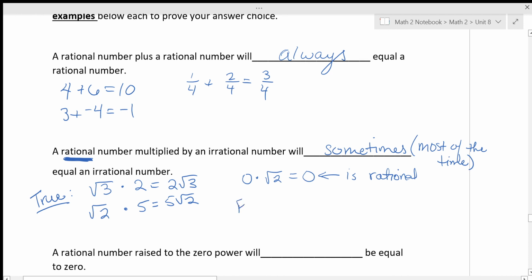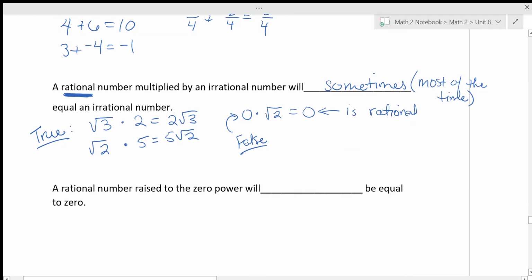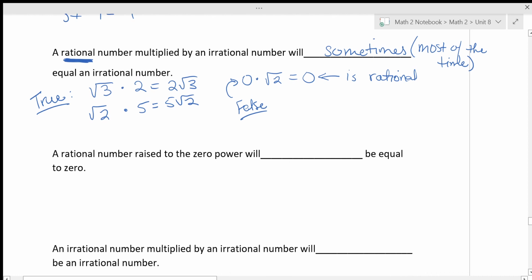So I guess I'll just call it false, right? But this is going to make a rational number multiplied by an irrational number rational. This is going to make it irrational. These are irrational answers. 0 is rational. So logic statements, sometimes they're confusing.